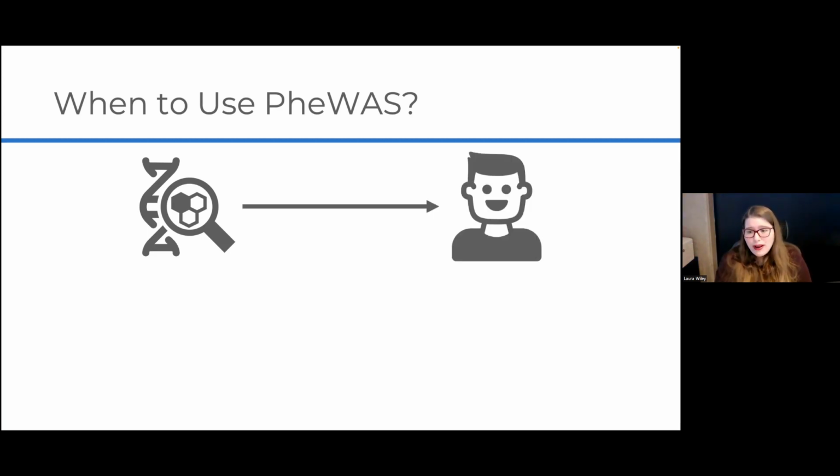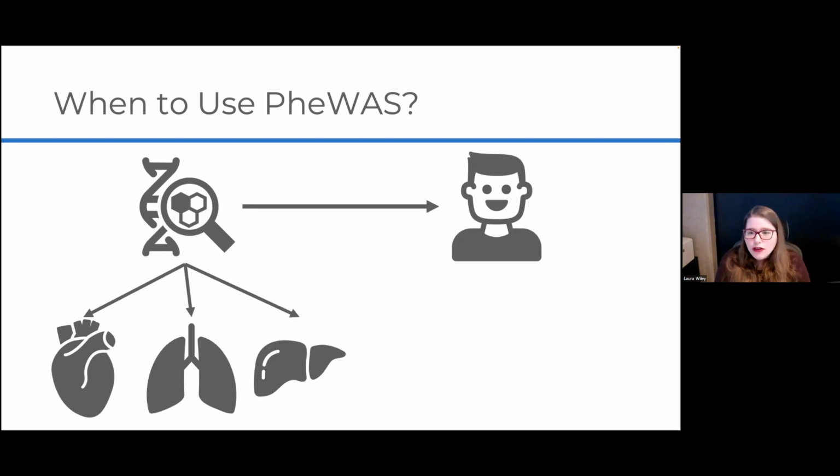PheWAS will be a great way to do this hypothesis generation scan to say what sort of phenotypic consequence might be happening based on this genetic marker. It also is obviously a very key tool for detecting pleiotropy, where you might see a particular marker having different effects across different organ systems.